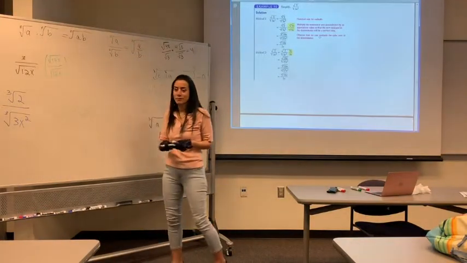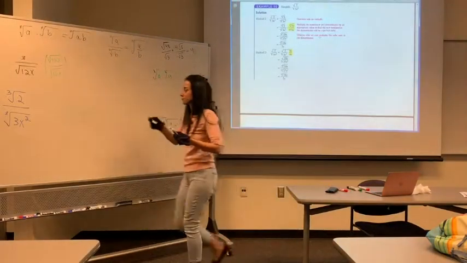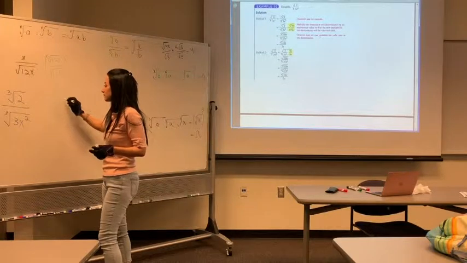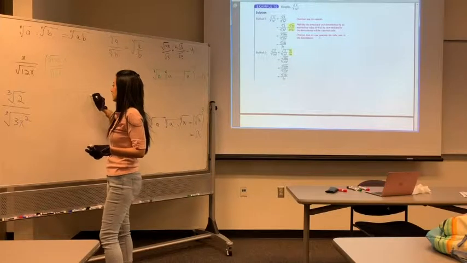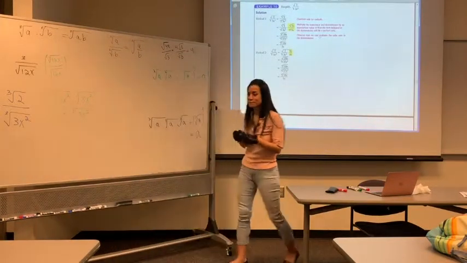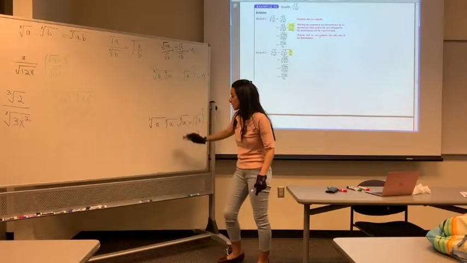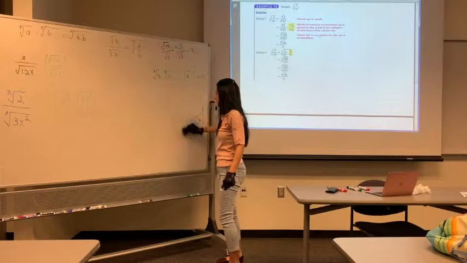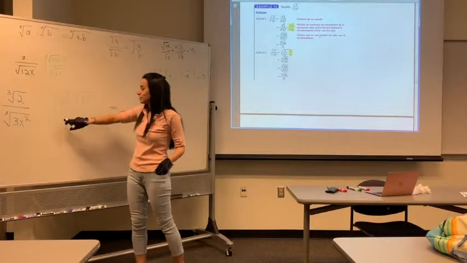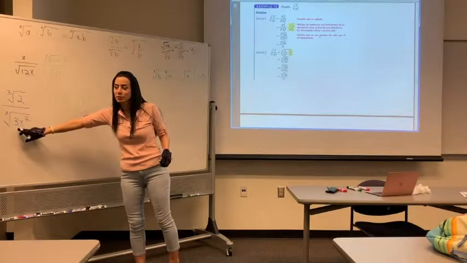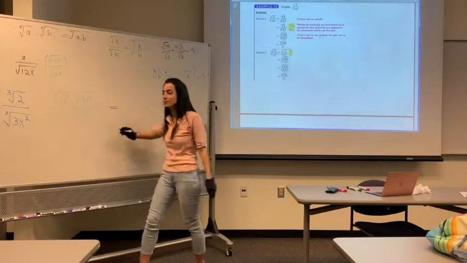Do you see that? So what happens here? I have 1, 2, 3 of them. So what comes out? 3x squared comes out, correct?